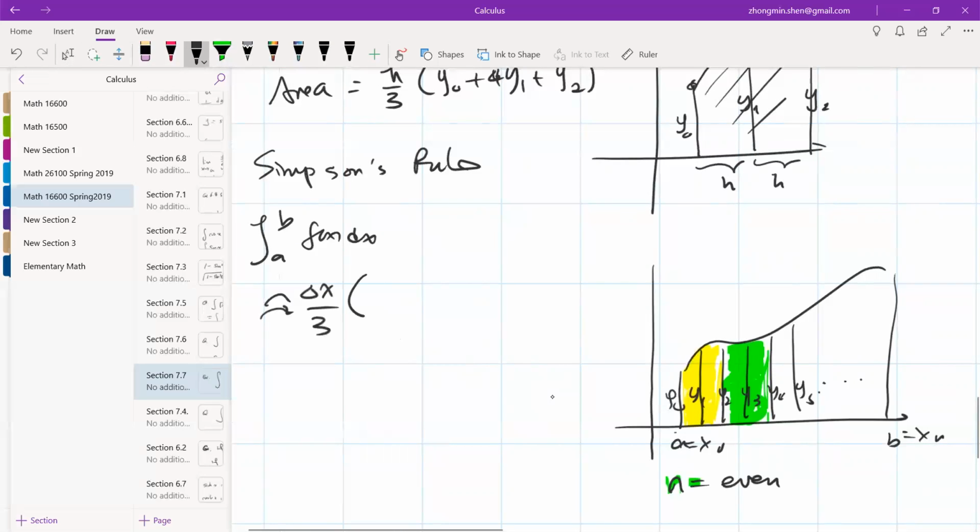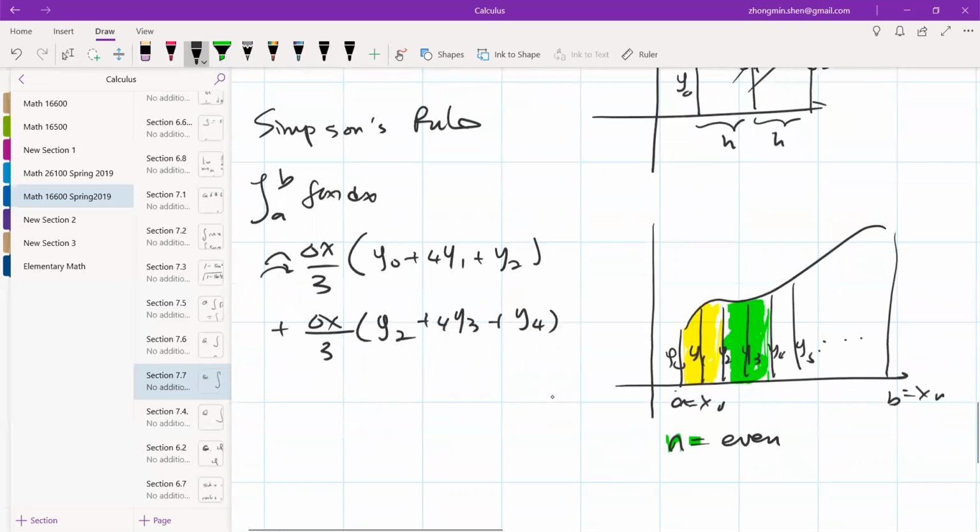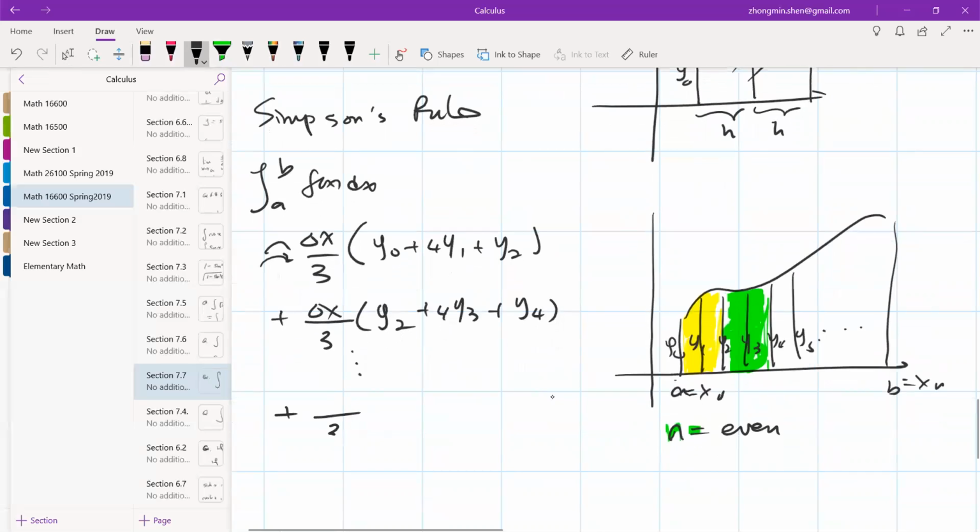And the first part is y0 plus 4y1 plus y2. And then you have to begin with y2, 4y3, y4, then y4, and just keep it going. The last term will be y(n-2), 4y(n-1), and yn.